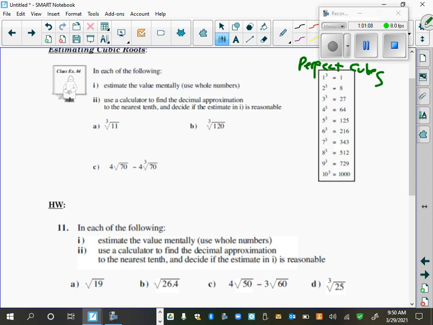You might not know that 5 times 5 times 5 is 125, but that's okay. They give you a chart, so we're getting used to it. You're probably going to need to know the first 4 as opposed to the last 4, and 1,000. You need to know that 10 times 10 times 10 is 1,000. So we're still, again, estimating.